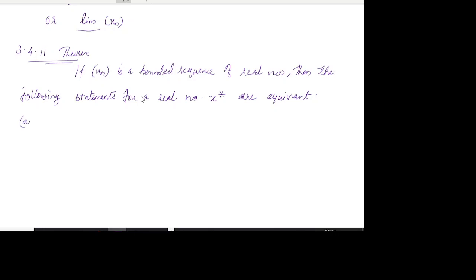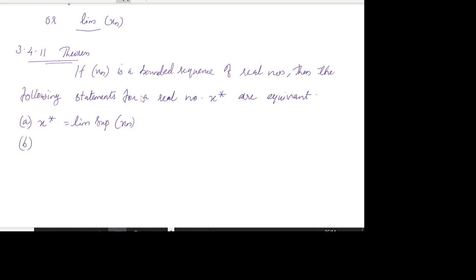First condition, A: x star is equal to limit superior of xn. So this is the equivalence condition for limit superior.